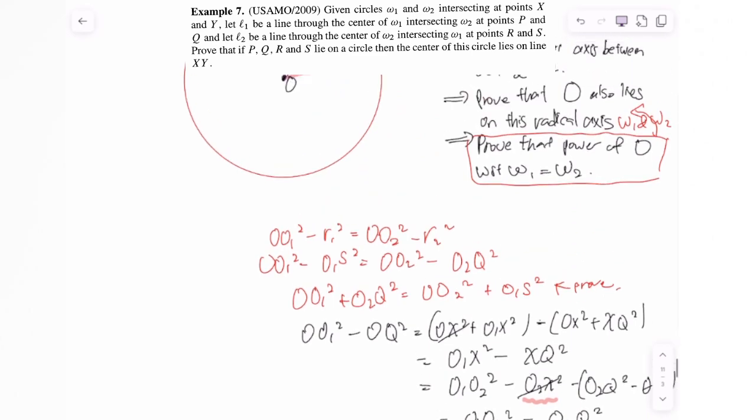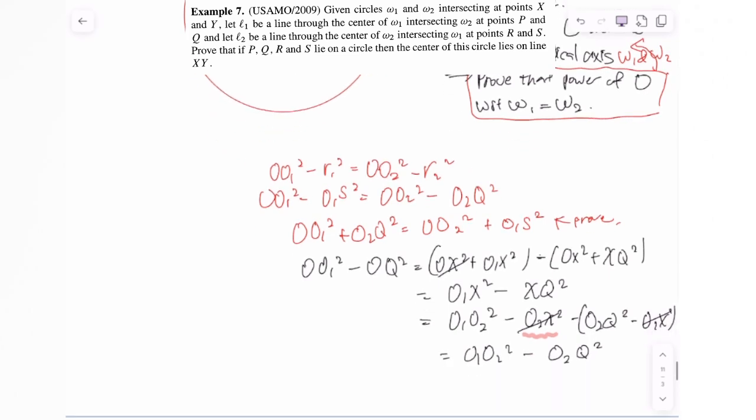Compared to the thing that we want to prove, you can see that it's kind of close. This is the thing that you want to prove: O1Q... and O2Q squared.